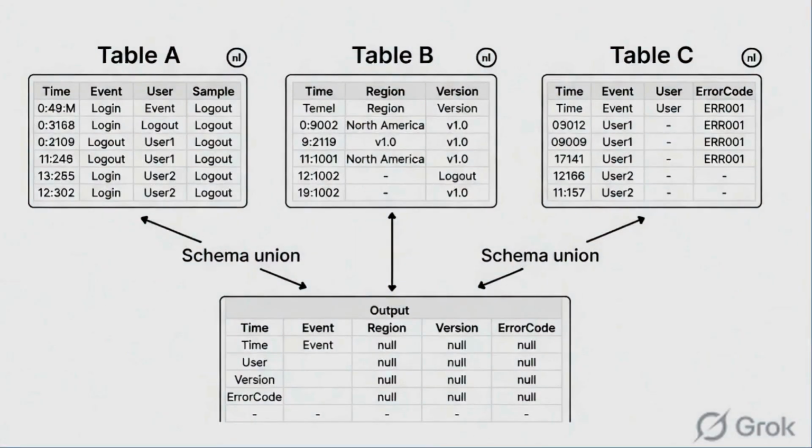Look at this diagram. It shows exactly how Union handles schema evolution in KQL. On the left you have table A, classic columns: time, event, user. Then table B adds new fields, region and version. Schema is growing. Table C adds error code but drops user, real-world evolution mess.